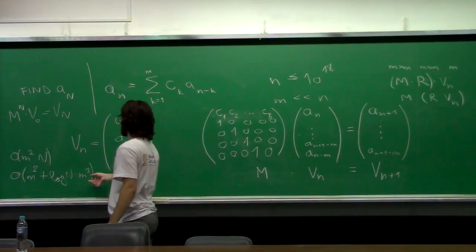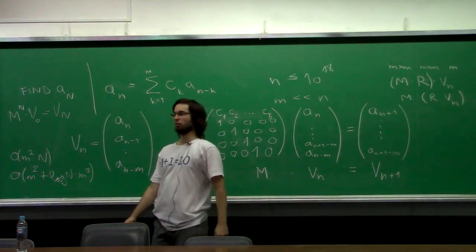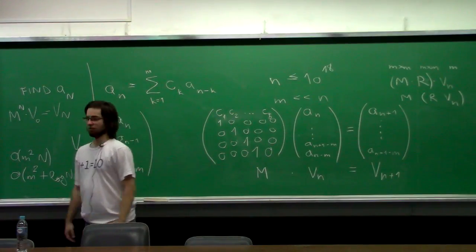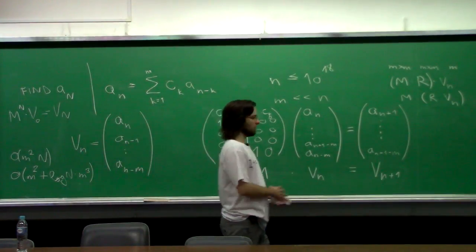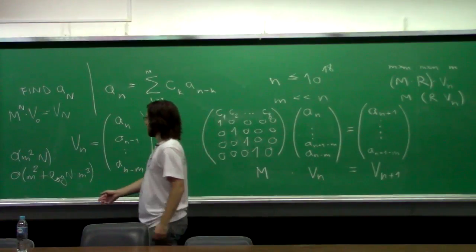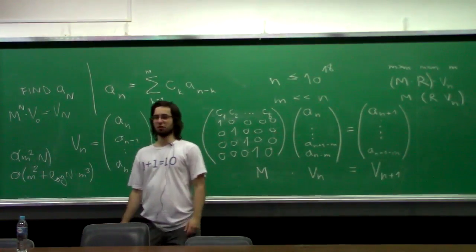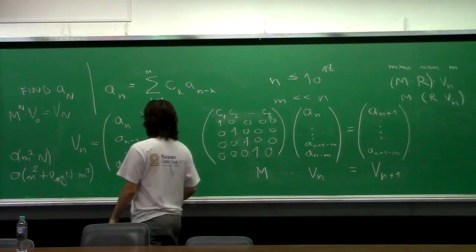So m^3 times log n. And since n is so massive, the logarithm means this is obviously the better choice. And there is no way to avoid multiplying matrices all log n times.